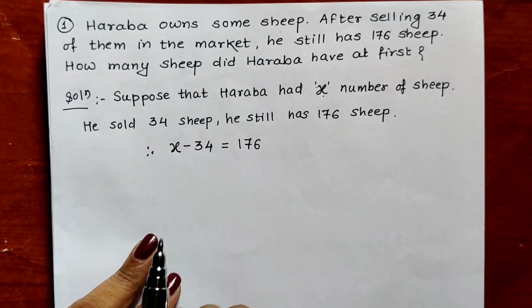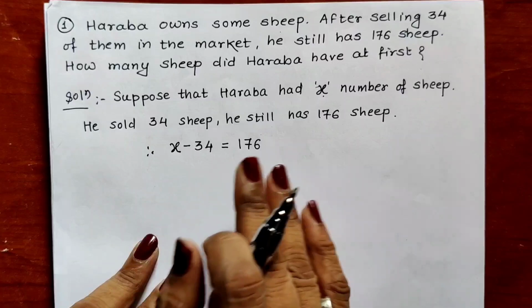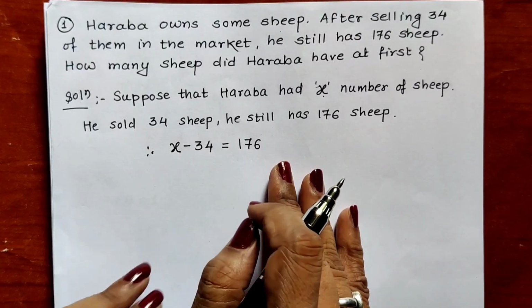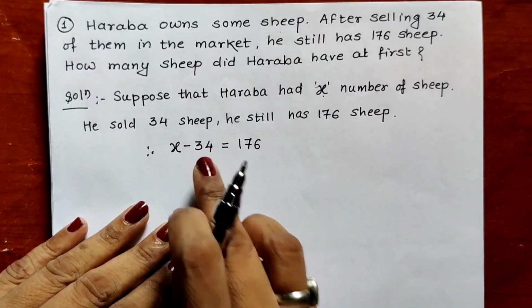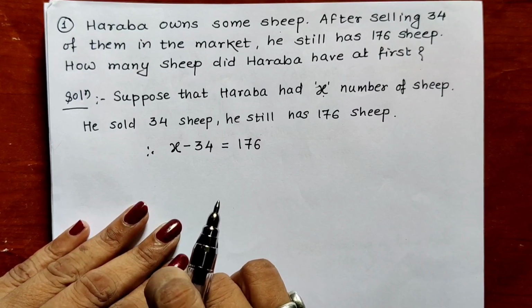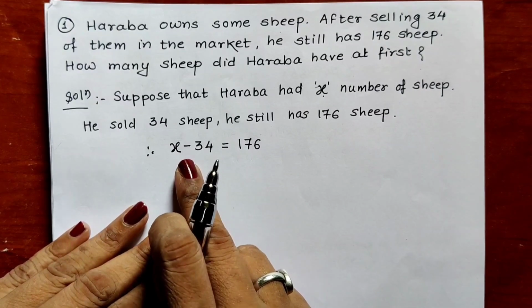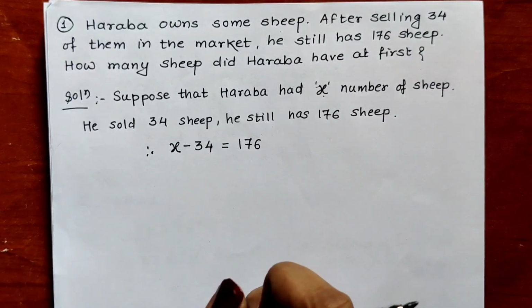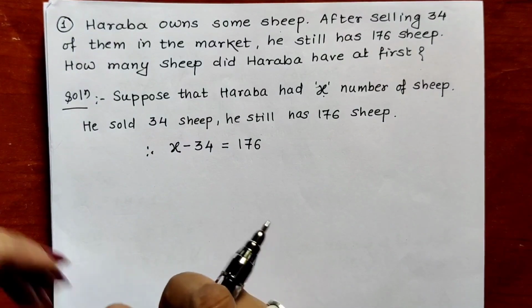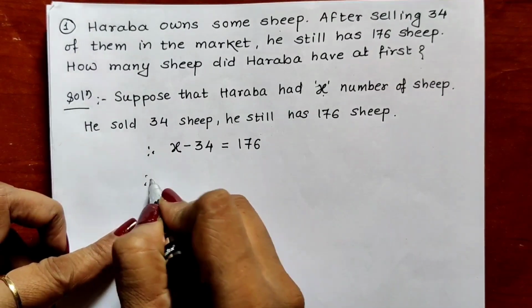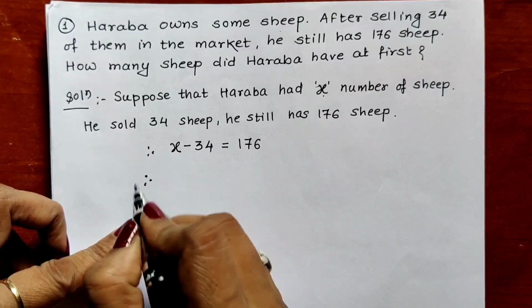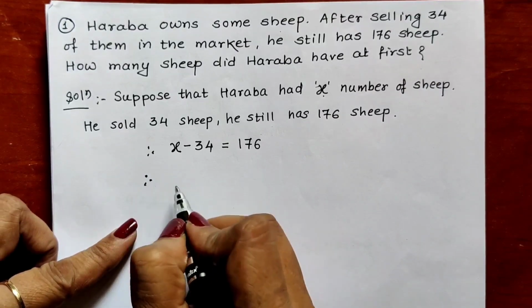Now the equation is formed. Left hand side is the variable side. Right hand side is only the number side. On the left hand side X and minus 34 is there. So how to solve it? Subtraction is there. 34 is subtracted. So the same number we have to add on both the sides. See, the sign every time we write in the beginning of the step.